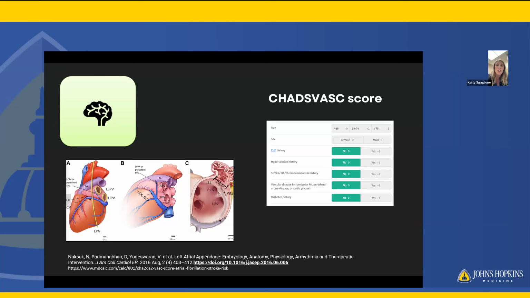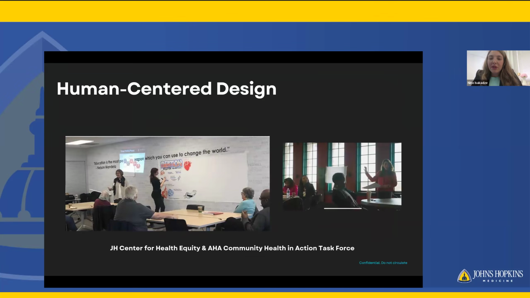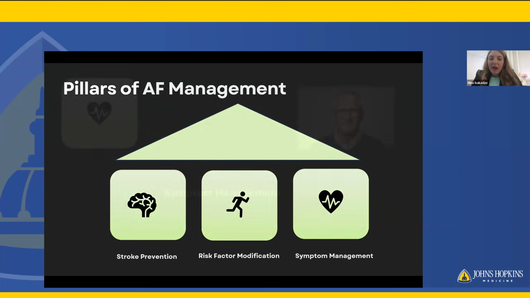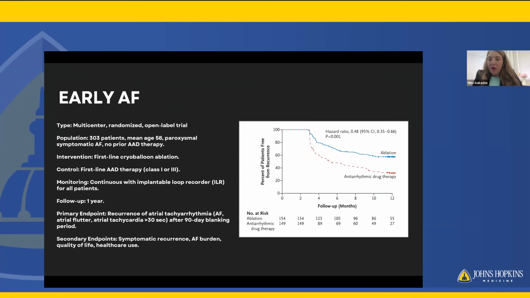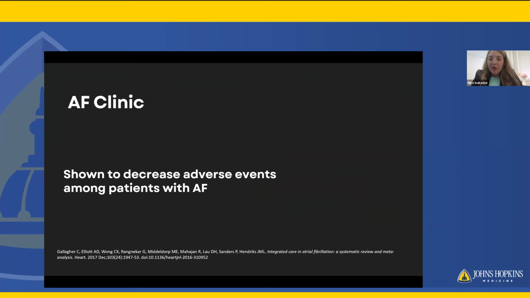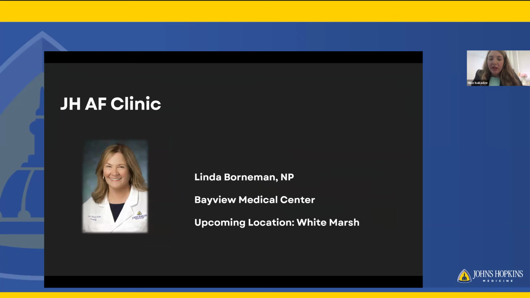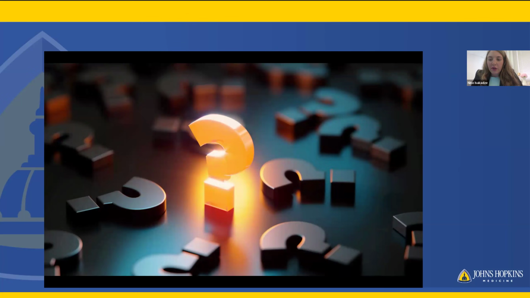We see a lot for Watchmen. I agree. And there's now more evidence that it can even be offered if people don't have those contraindications to blood thinners, with shared decision making and talking with your clinician about whether that's the right solution for you.